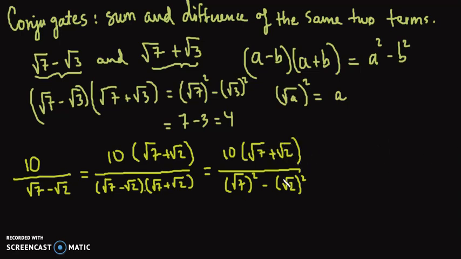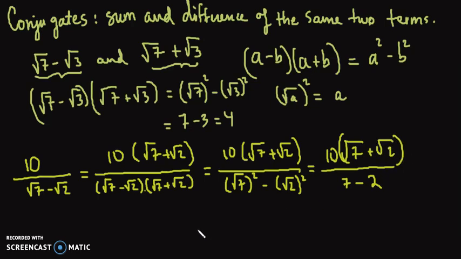Just keep it like this for now. Square root of 7 squared would be 7, and square root of 2 squared would be equal to 2.